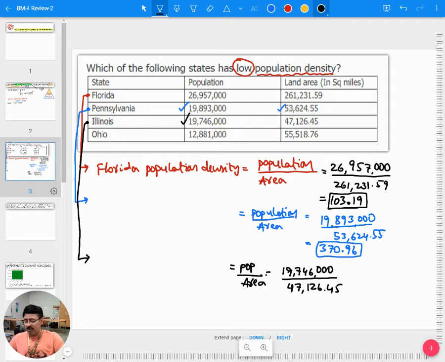If you are in a hurry you also make mistakes like me, so you have to be careful. 47,126.45 gives 419.00. So we have to go on computing.